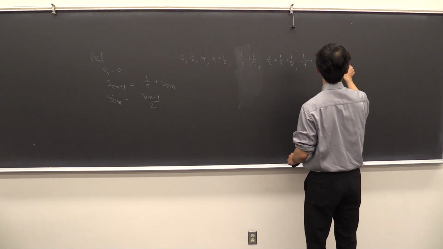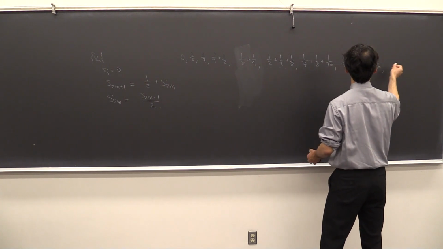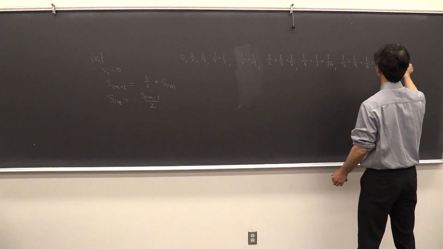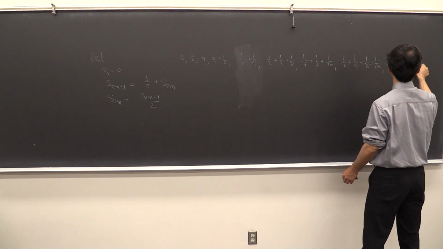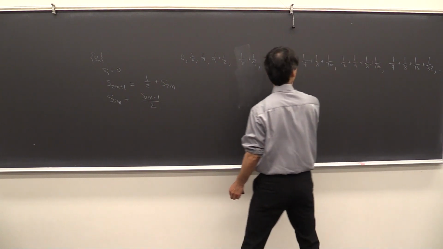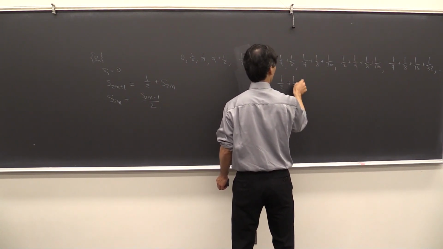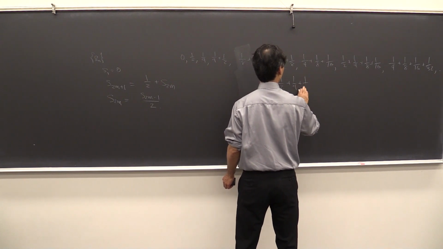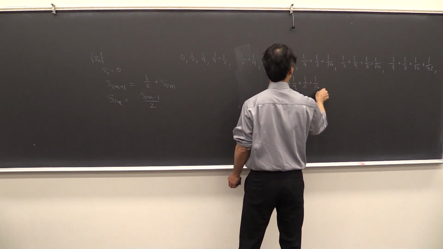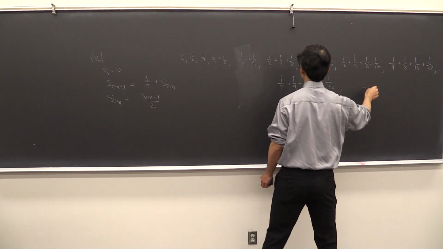Add a half, divide by 2. So you see there's a pattern going on here, right? Add a half, divide by 2, and so on. This is actually pretty straightforward.